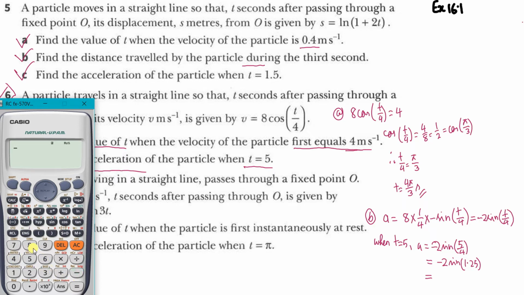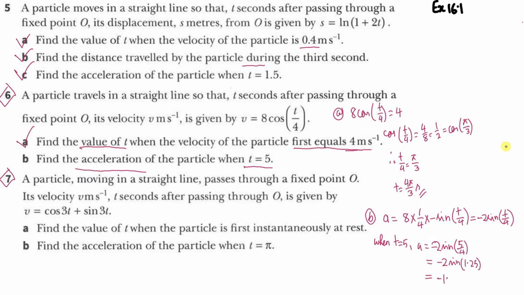Now we write minus 2 sine 1.25, press equals, and write your answer to three significant figures, which is minus 1.9, because after 8 and 9 comes 7, so we need to add 1, and it turns to minus 1.90. Its unit is meters per second squared.